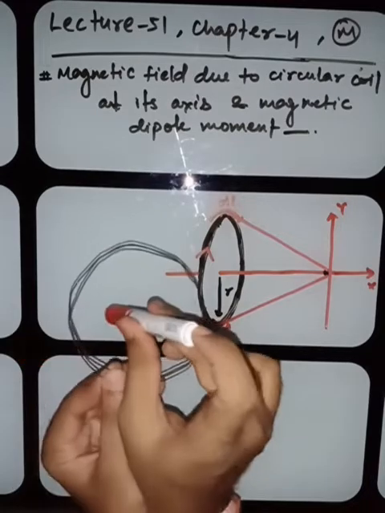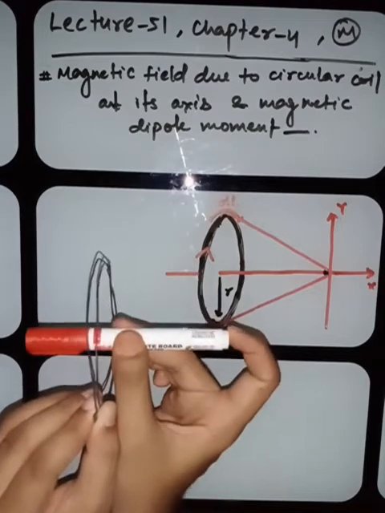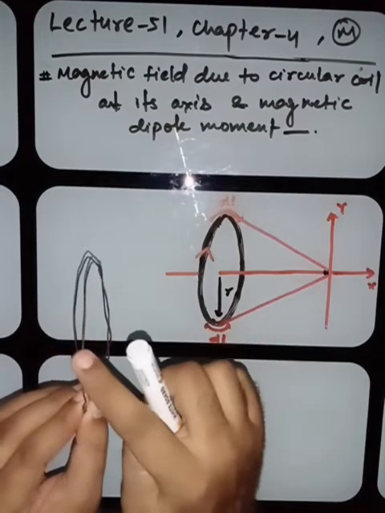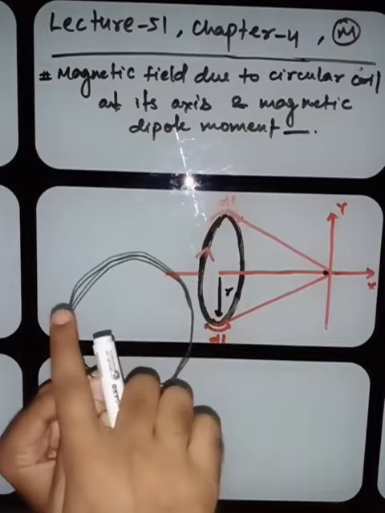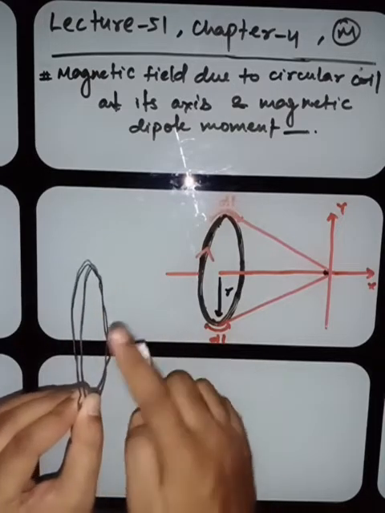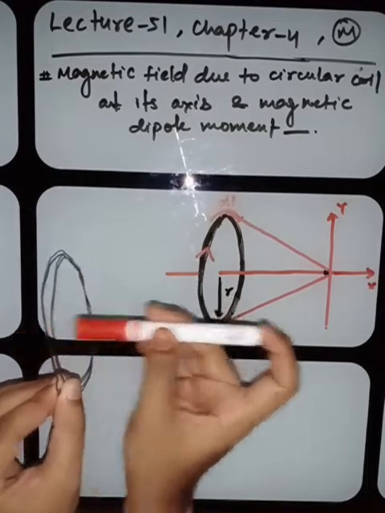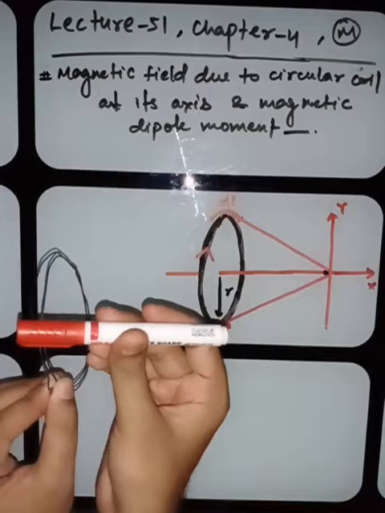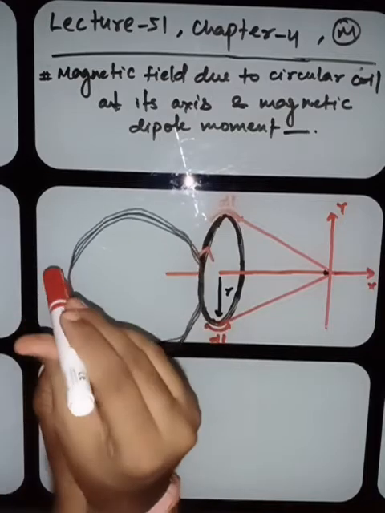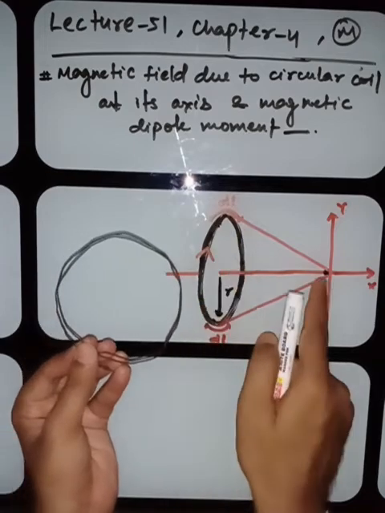Okay, at this point you have to find the magnetic field. The elemental length we have taken at this point, okay, and at this point at the bottom. The elemental length with this point is making a line like this way, okay, like this way, this red line.